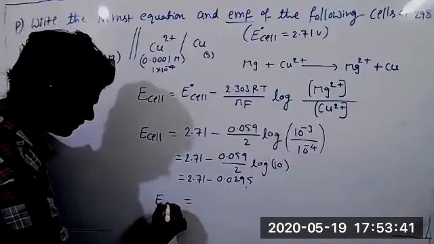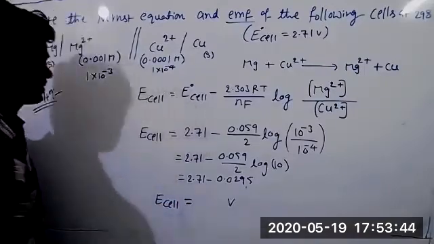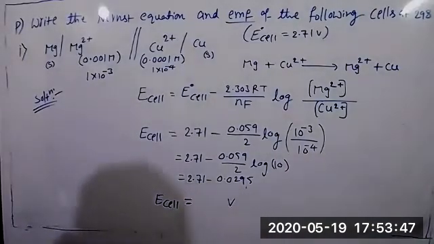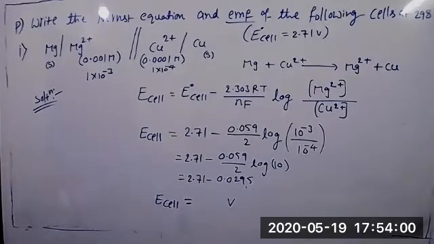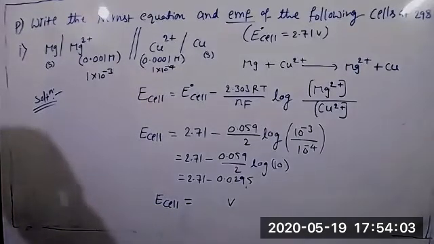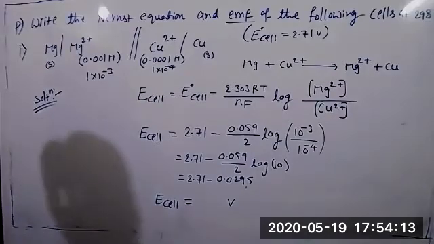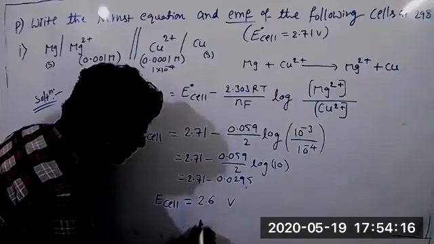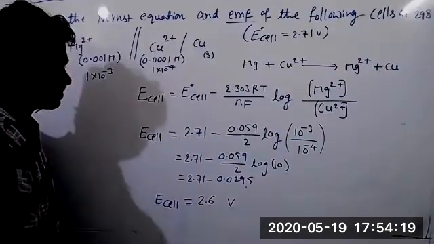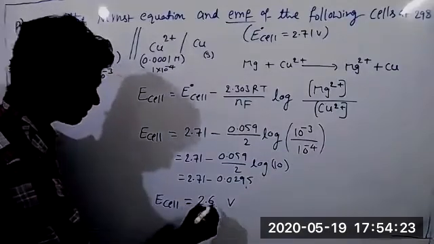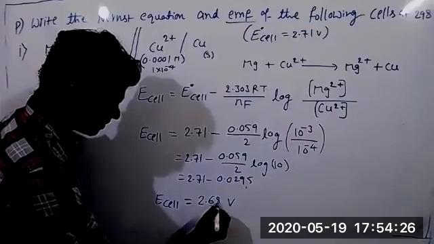Calculate this value. So 2.6805. How much? 2.6805. Enough.